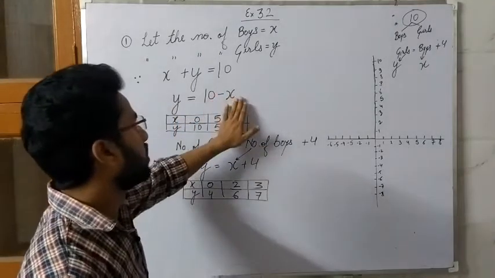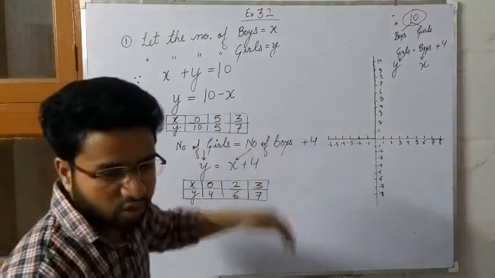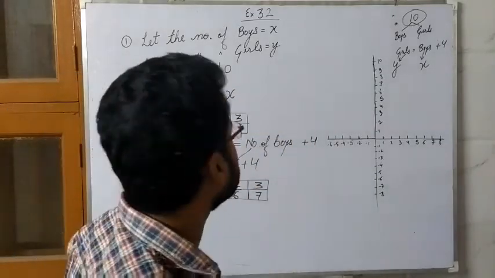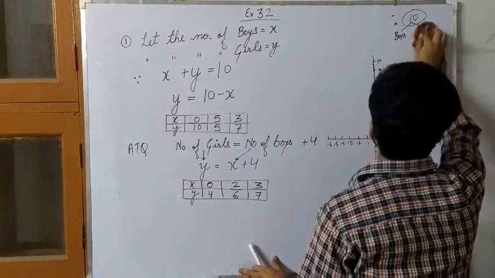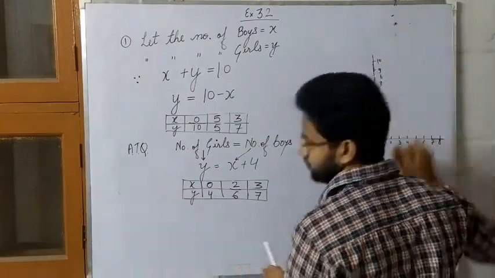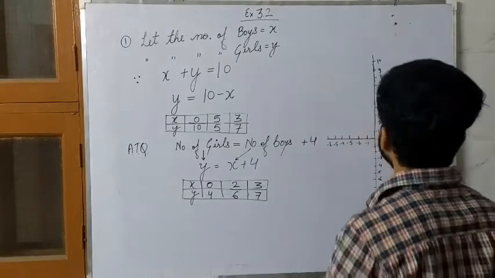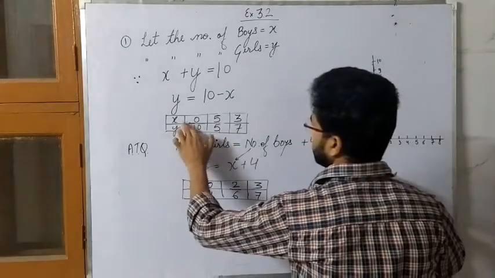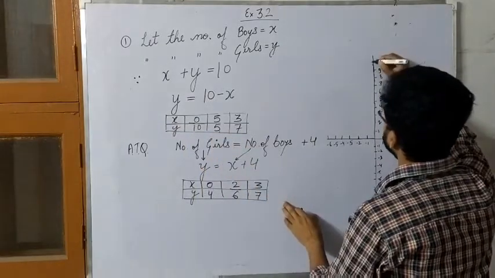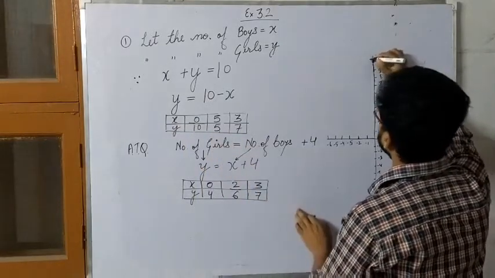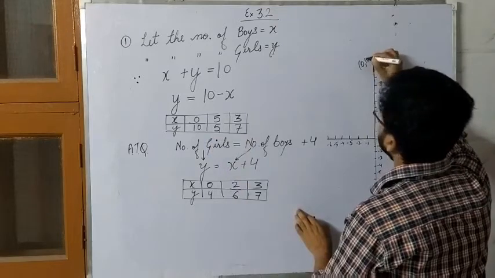Now we will plot the graph of this. There is no need actually, you have already done this in 9th class, but still we will plot only one graph. Let's look at this. Now the first point is 0, 10. If x is 0, that means this point will come on the y axis. The point is 0, 10.